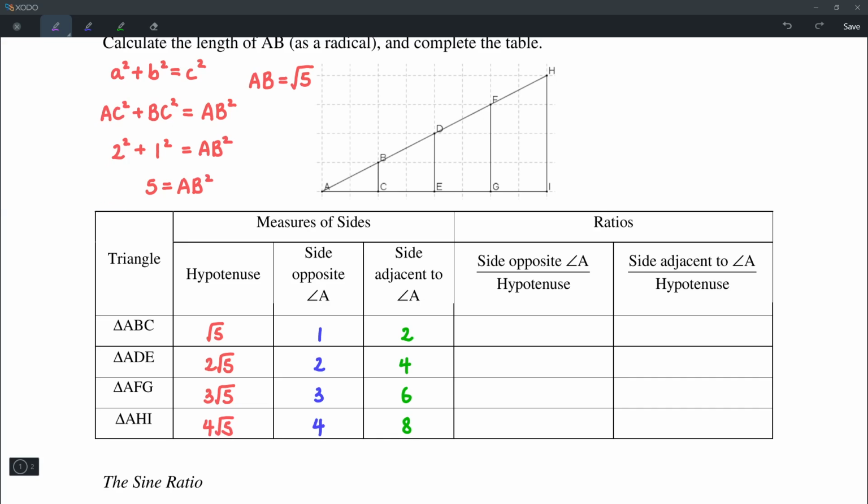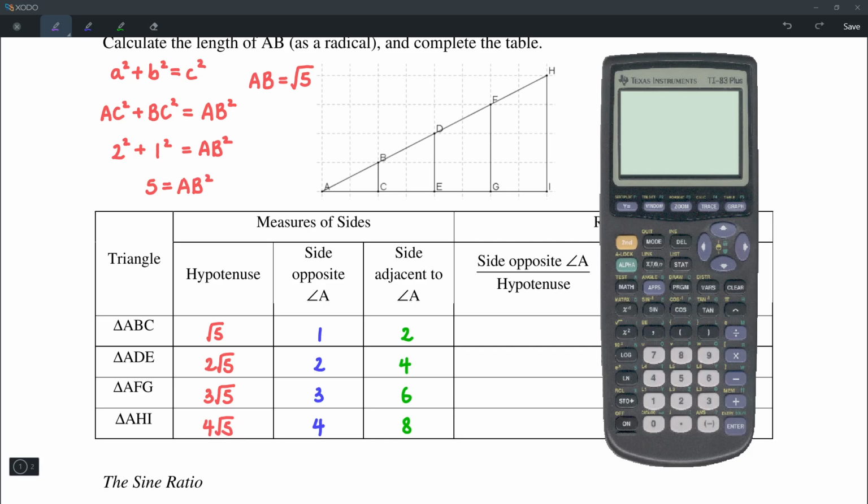So if we take the side that's opposite angle A and divide it by the hypotenuse, in the first case, we'll have 1 divided by the square root of 5. Like so. So that will be 0.447 approximately.